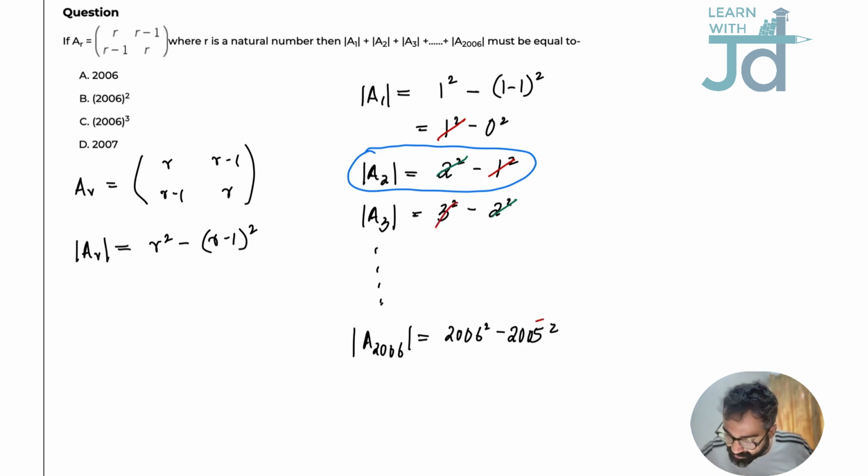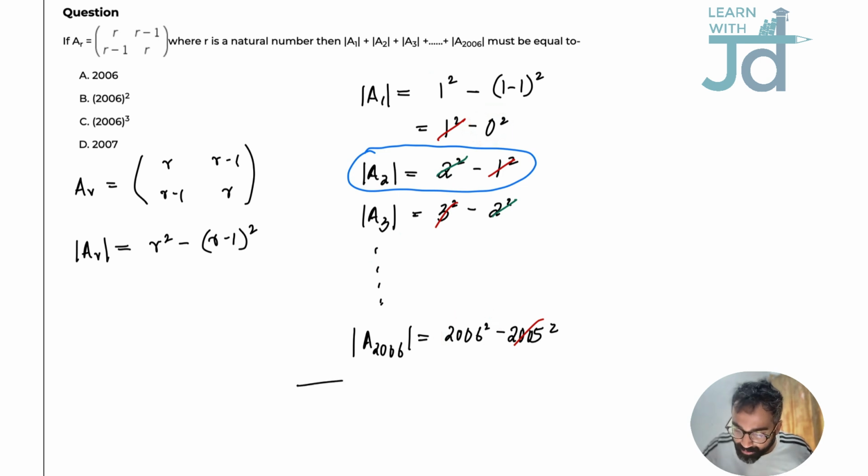So you can cancel everything, and you can cancel the right hand side of 2006 as well, because the right hand side cancels with the previous term, right? So what is remaining? This is remaining: minus 0 square and 2006 square.